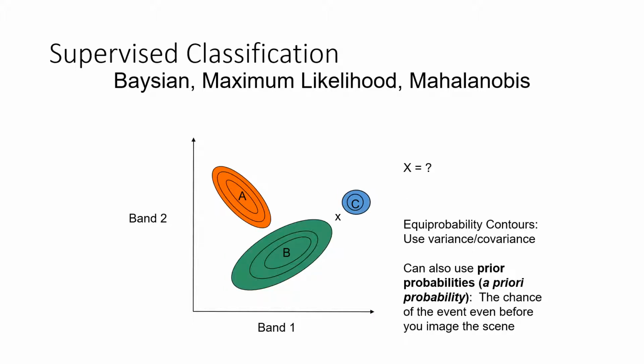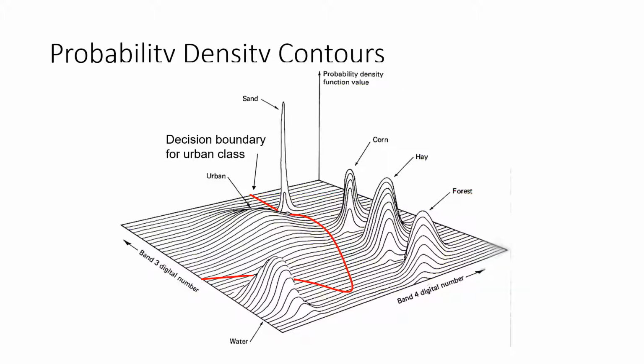Bayesian likelihood is maybe a little better option, trying to find out what is my most likely group I belong to. Probability density contours is another. Here we have these classes of things, and the spikes indicate the increased numbers of things going on that tell us, ooh, this is a class.